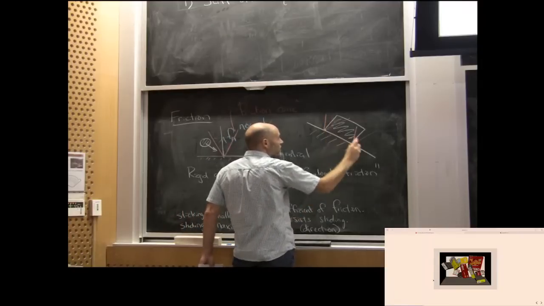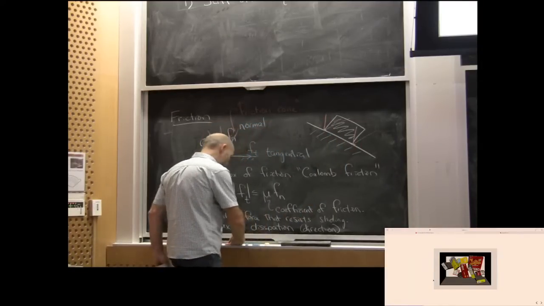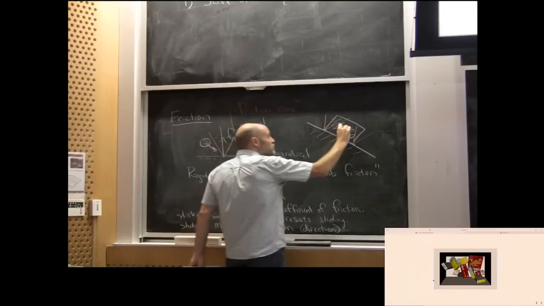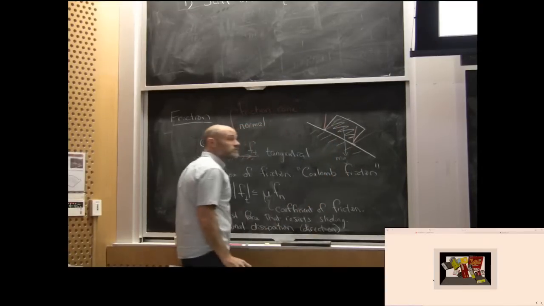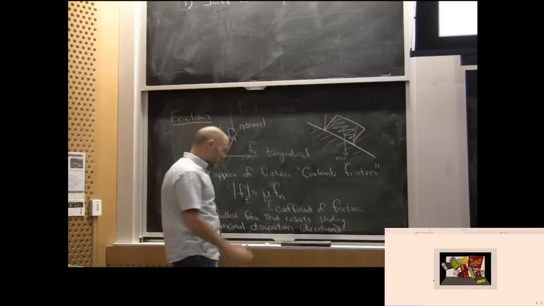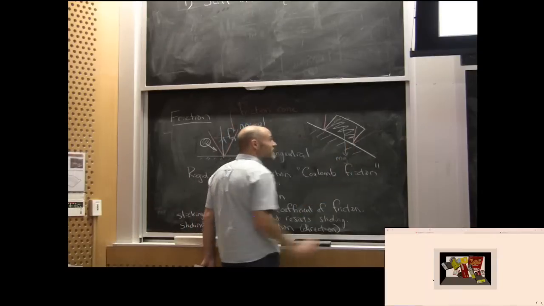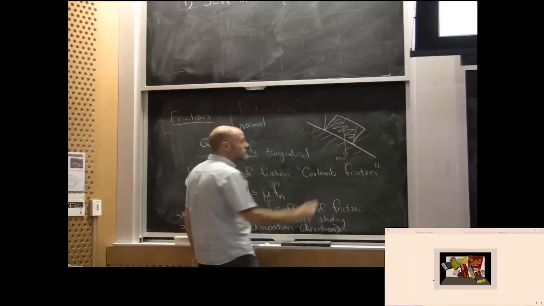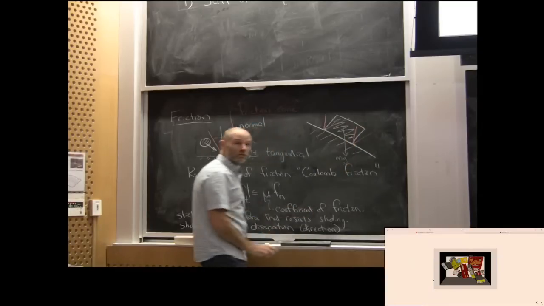Okay, so I'm allowed to have any force inside the friction cone. So what happens now? If I have mg pulling me down like this, and I have a frictional force that has to live inside this cone, that's trying to push up, and it's going to pick the maximal direction it can pick up.